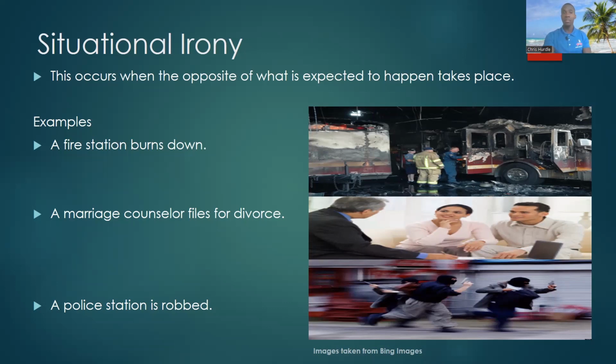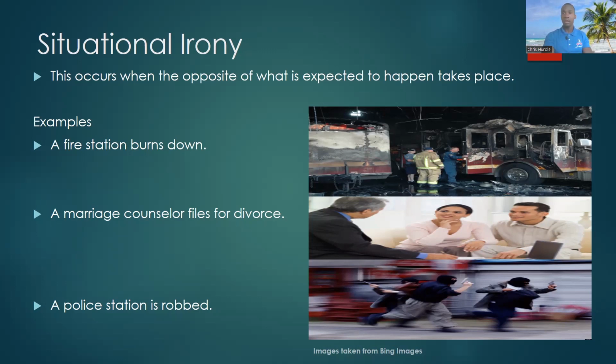You would never believe that a marriage counselor will file for divorce because a marriage counselor's job is to help people to resolve marital issues, right? And keep them together. And three, a police station is robbed. You would never expect that because the police is the entity that solves crimes, that reduces crimes, right?